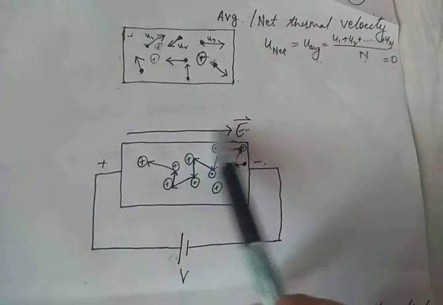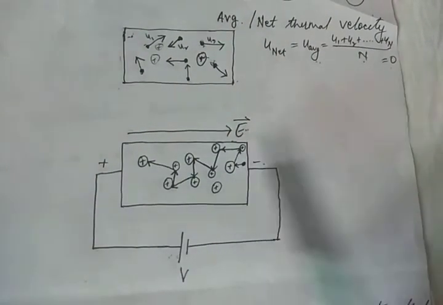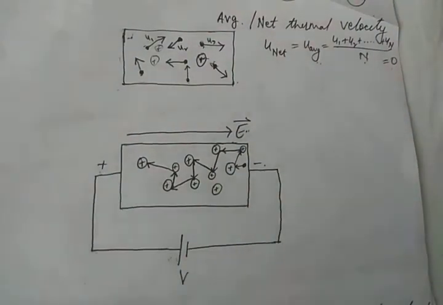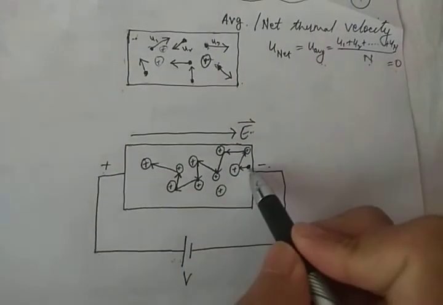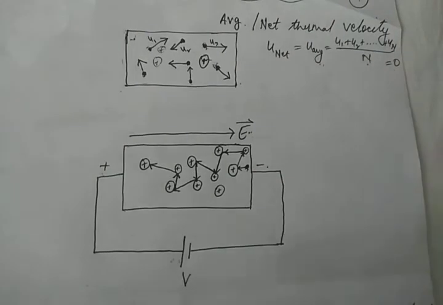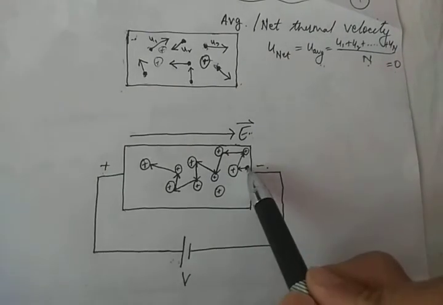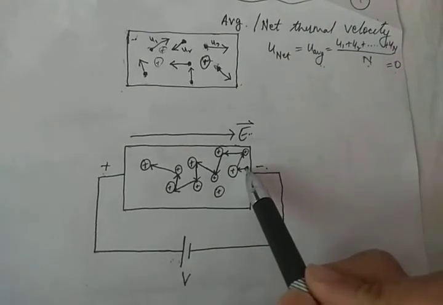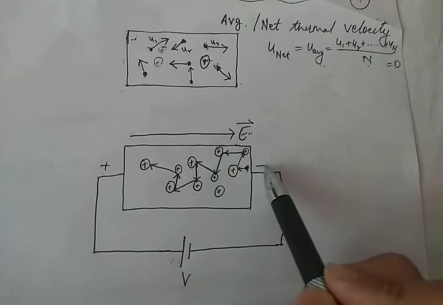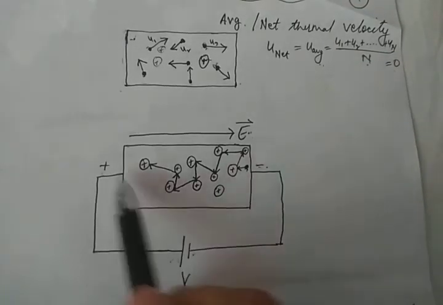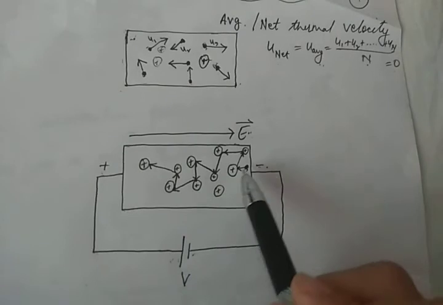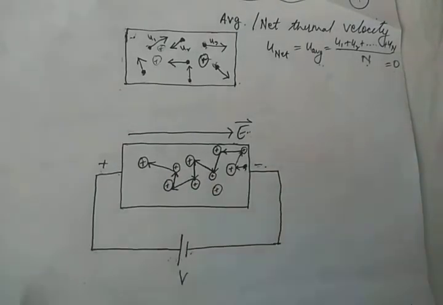So the electric field is generated along this direction. I have only shown one electron here. This electron, which is negatively charged, is repelled by the negative terminal of the battery and attracted by the positive terminal of the battery. Thereby this electron wants to move in this direction.